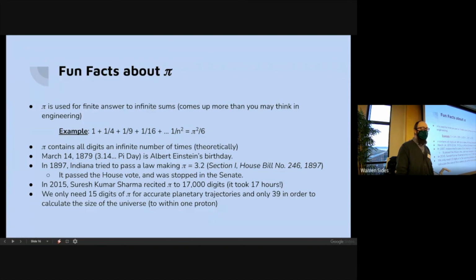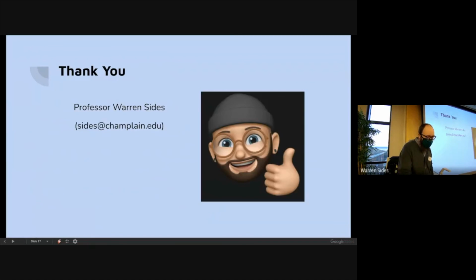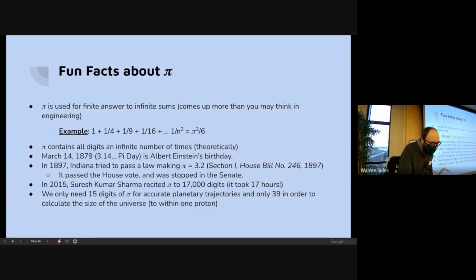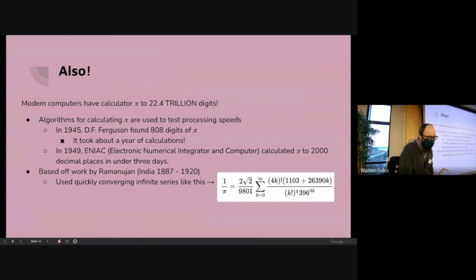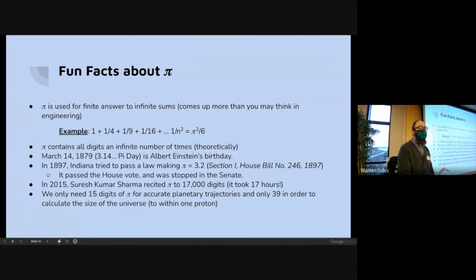And we're calculating it to, where are we now? There it is, sorry. 22.4 trillion digits is how many we've calculated from computers. We only needed 39, but we're still going.